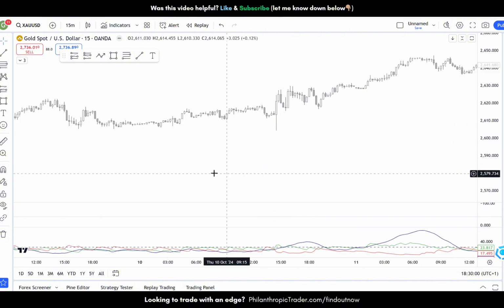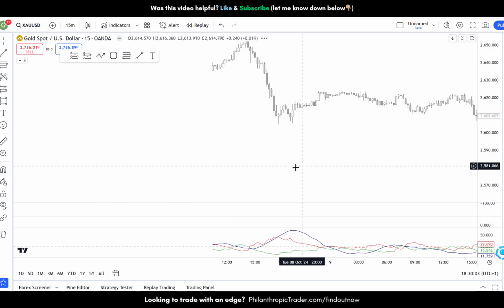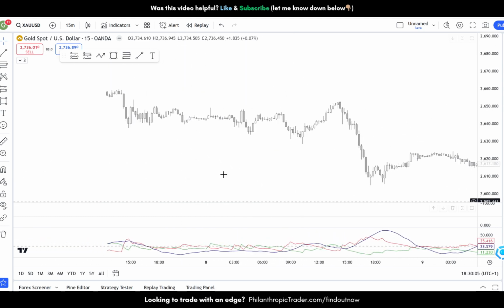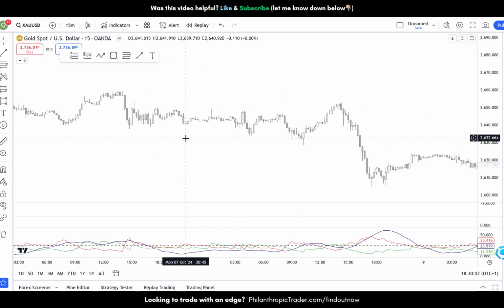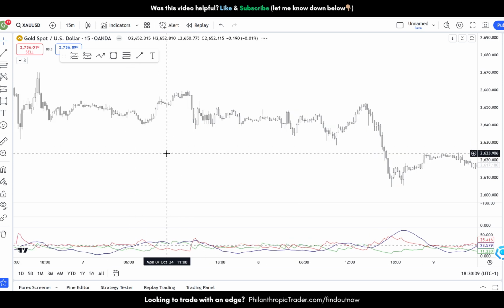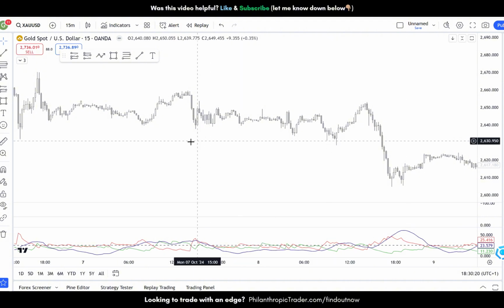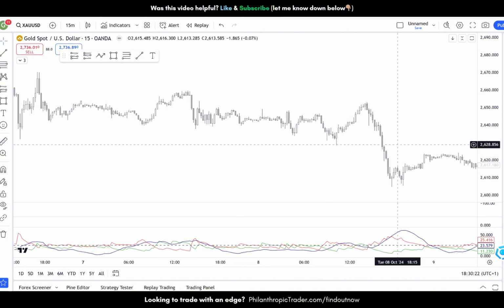I will keep looking for other opportunities that this indicator provides. Personally, again, I don't use it, but if you want to play around with it and see if this is something you can use, if you like it, then of course you can check out this indicator.